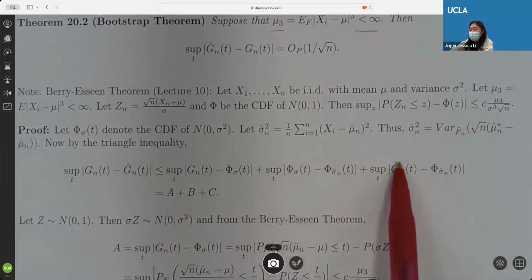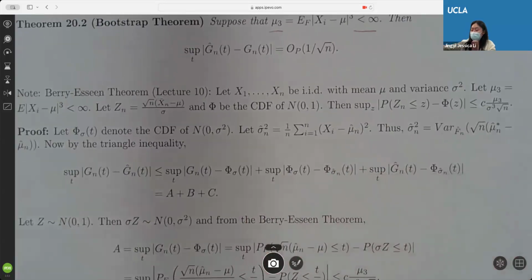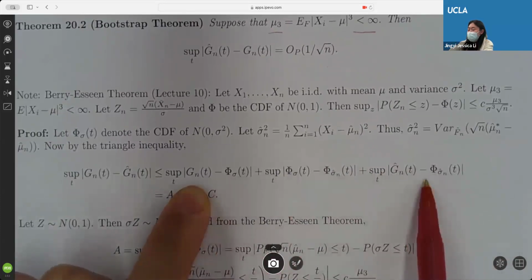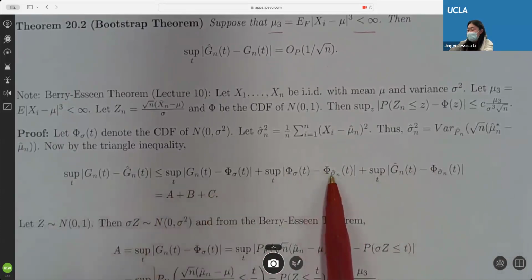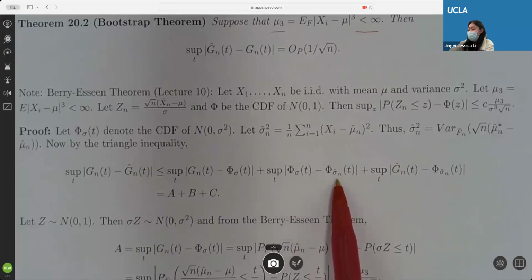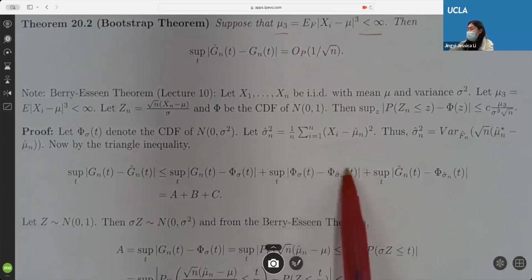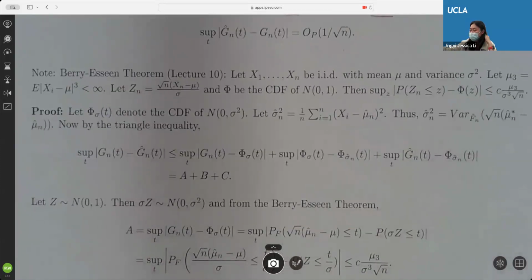Finally, we compare the plugin, which is based on our sample, to the normal distribution with σ̂_n. So you see, the idea is that for the first term and the third term, we can apply Berry-Esseen. And for the middle term, based on the property of σ̂_n, how close it is to σ, we can make sure that the two normal CDFs are close. That's basically the idea.